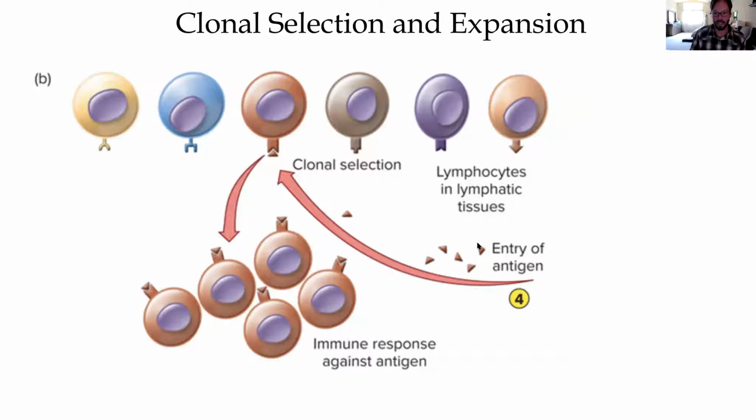We've detected this antigen that binds to you. So now you're going to rapidly divide and create a bunch of different clones to then take out that antigen. While these other guys don't have any trigger yet, so they are just poised, hanging out, waiting in the event that the antigen that binds to them specifically will come back.